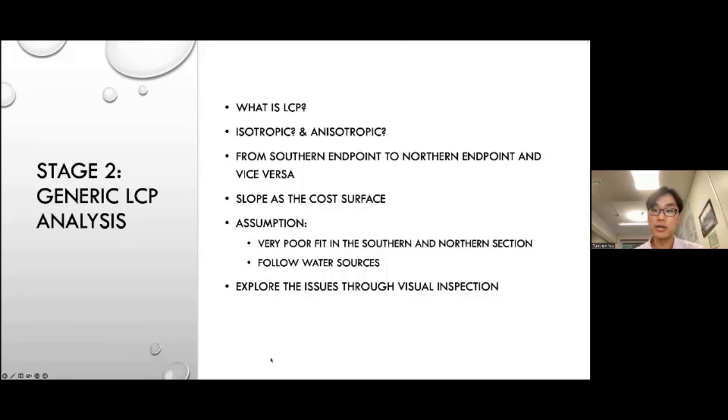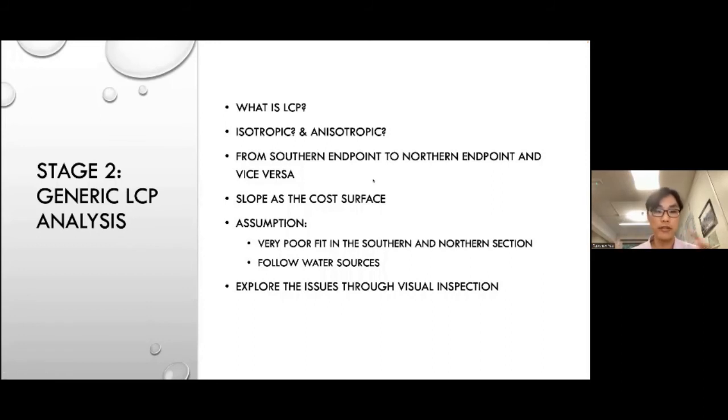Isotropic least cost path is not related to direction. Because imagine you're walking: going uphill is probably a bit easier than going downhill, because, I don't know, your knee might hurt when you go downhill at a faster rate. So direction needs to be taken into consideration when calculating all these cost paths.